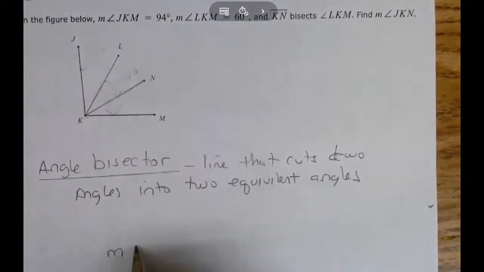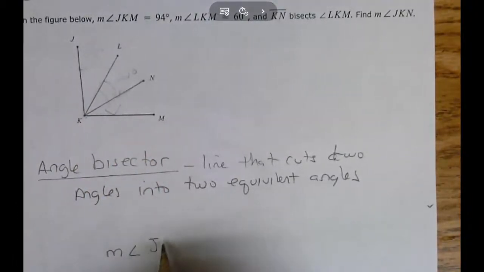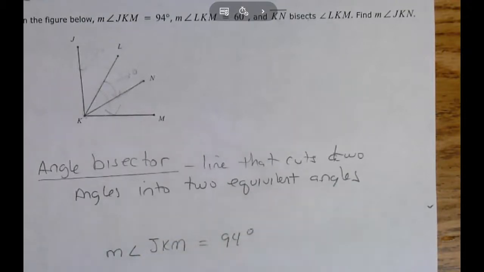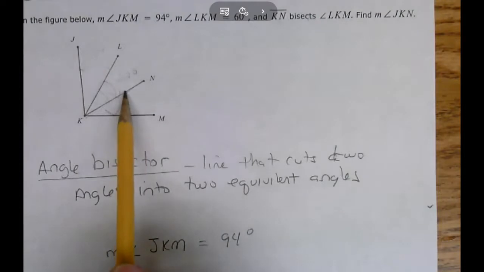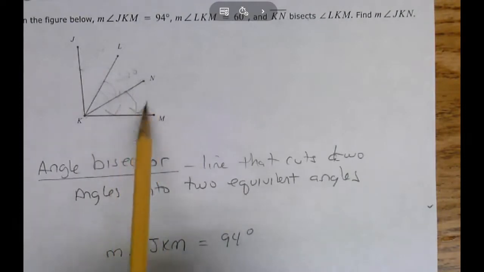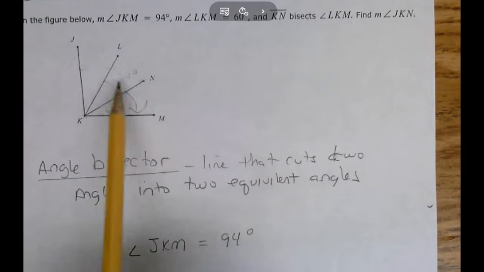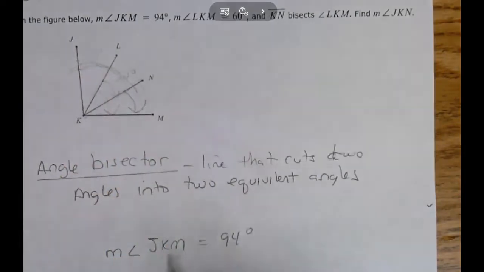The measure of angle JKM is equal to 94. If we take away this angle right here, subtract this angle, we'll know what this angle is. So we take the whole angle minus that one.